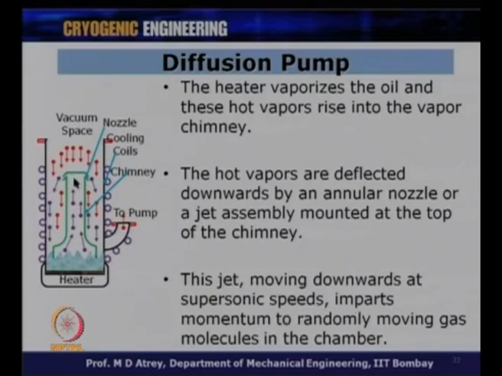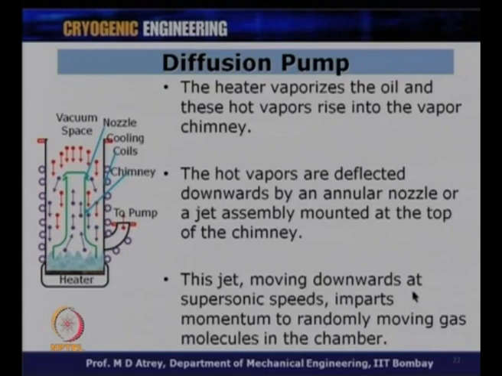These vapors which come out will impart momentum to all the gas molecules present over here. The system to be vacuumed is over here, and there is gas all around, and when this vapor comes out, it will impart momentum to all these molecules, and therefore, these molecules will be given direction, and they will travel and hit these walls.